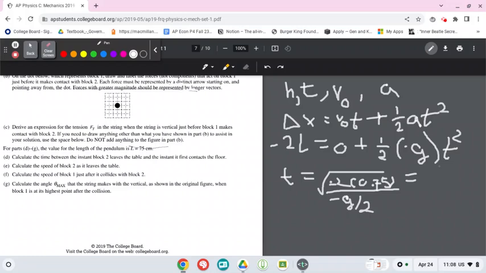After plugging it in, we end up with 0.55 seconds. Great, wonderful.